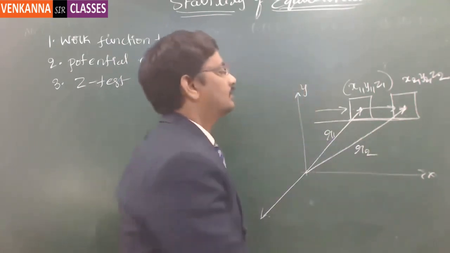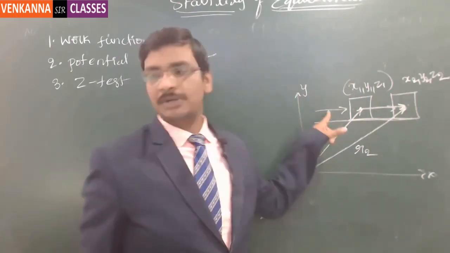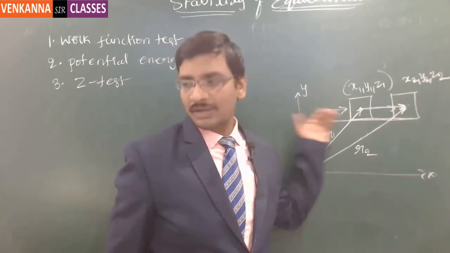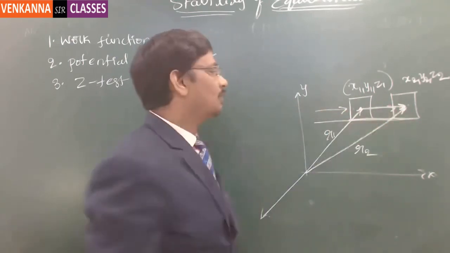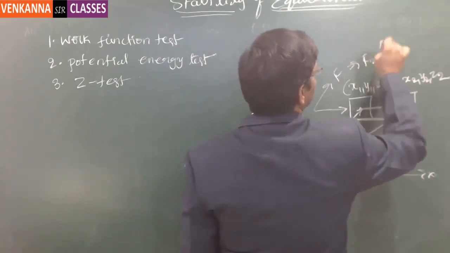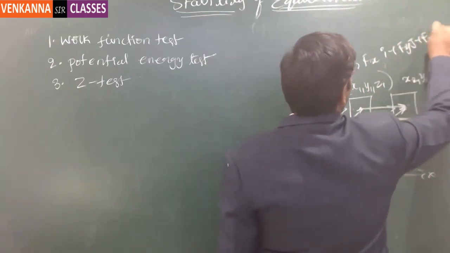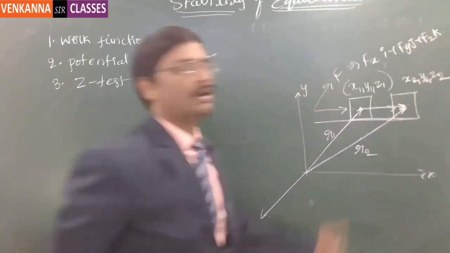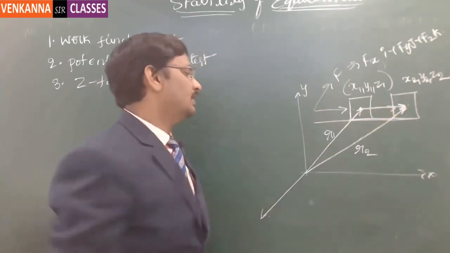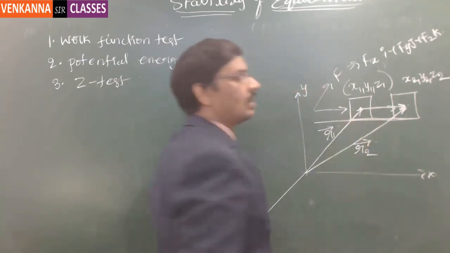In between, there is a displacement that got acquired by this because of the application of this particular force. Though we have drawn it parallel to the x-axis, it might be in any direction. So F can be treated as Fx i plus Fy j plus Fz k. This is the force I have applied on this particular body. Now it is moved to a new position. The initial position is R1 and the final position is R2.